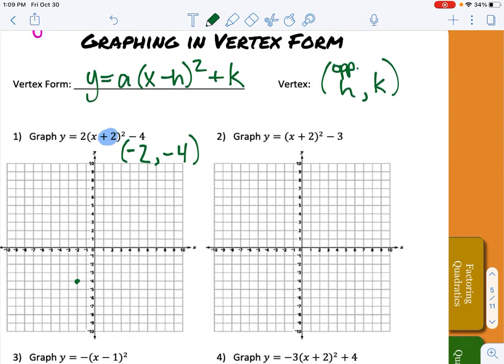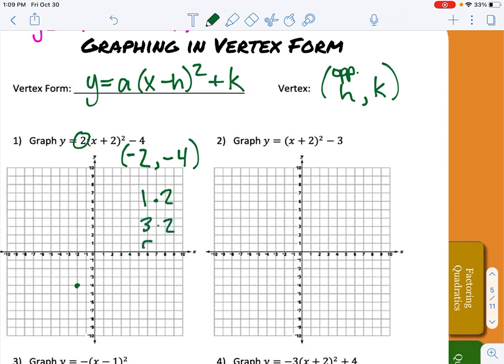Then we can do our a shortcut. So we take 1 times a, we take 3 times a, and we take 5 times a, and you could do so on and so forth. But we'll run out of graph space. And then you graph from here.